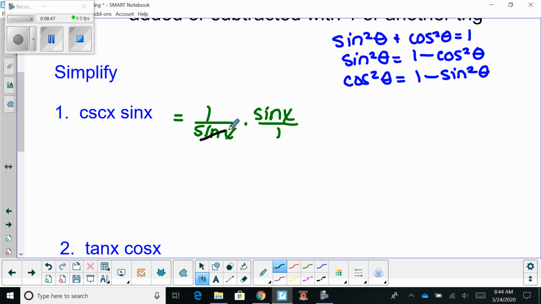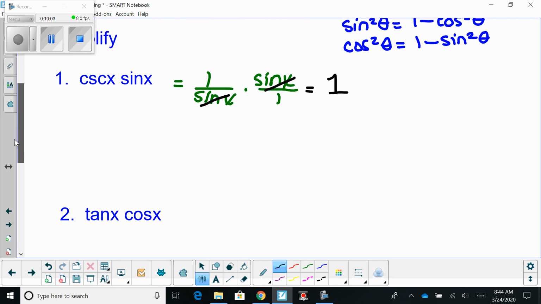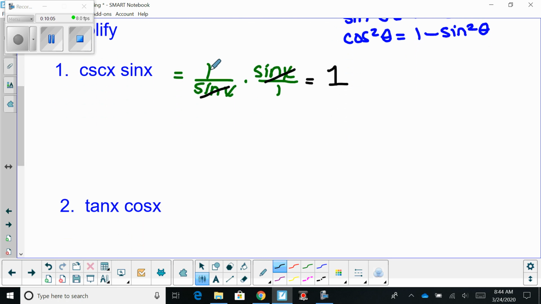Well, these 2 sines just cancel each other out, and I'm left with just 1. When you simplify, you should be left with 1 single trig ratio, or perhaps sometimes you can get 1 as an answer. So I switched cosecant to 1 over sine. The sine in the numerator and the sine in the denominator canceled out, and I'm left with 1.